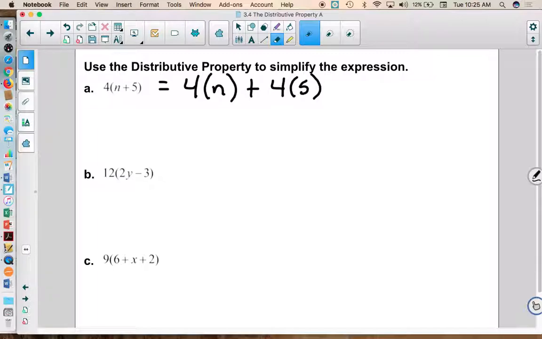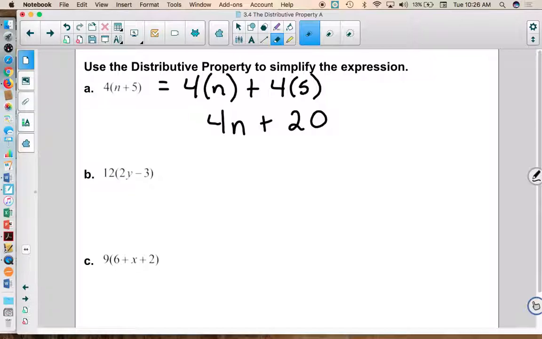So what do I get whenever I finish it up? What is 4 times n, Cole? Just 4n. Then you add 4 times 5, which is 20. Good.